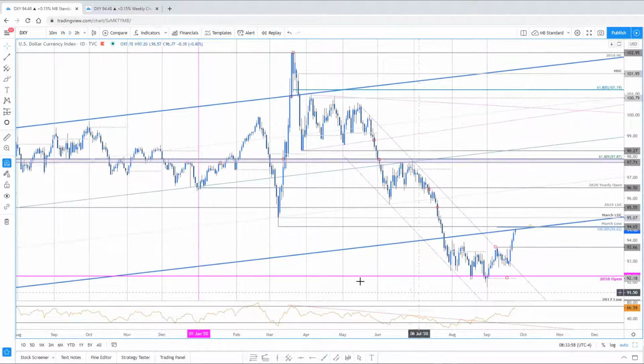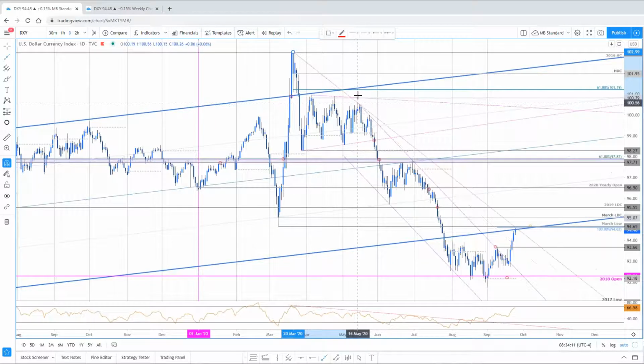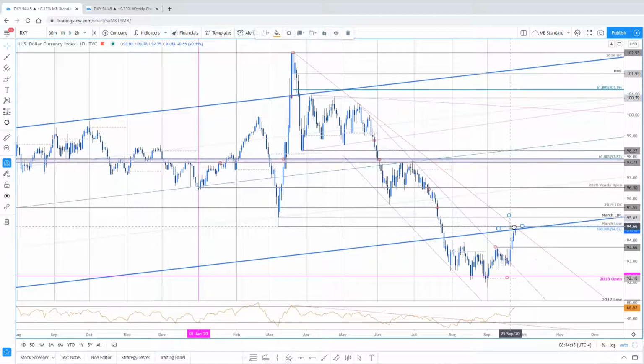Again, that March low is 94.65. So you got a third reference of resistance as far as lateral levels go. Again, there's that slope off the high. That's what you're looking at on the weekly charts right there. Brings that into focus as your next major key level of resistance for DXY.